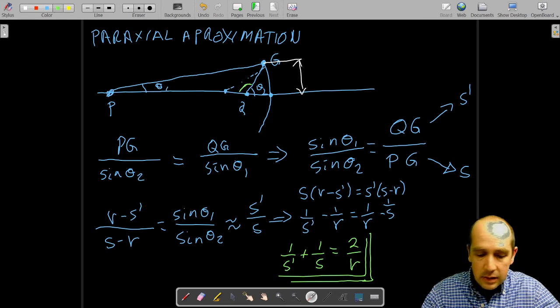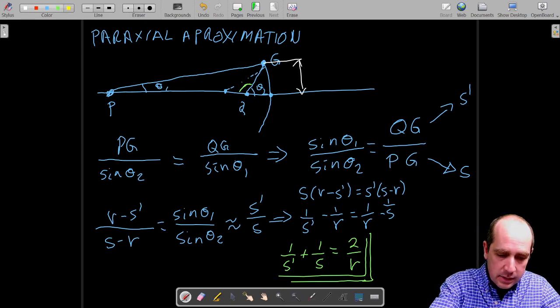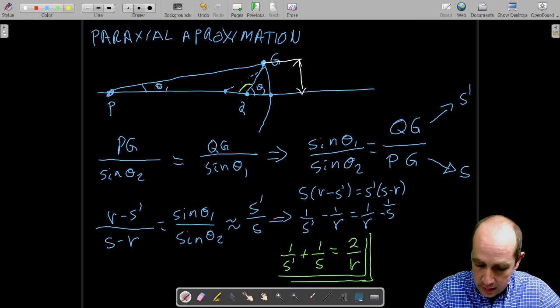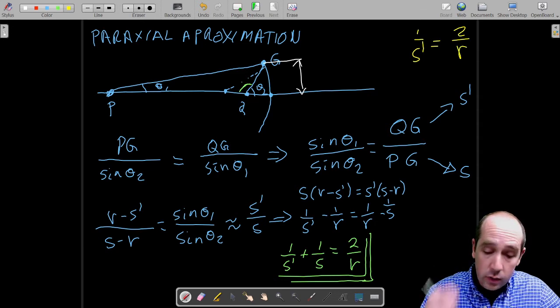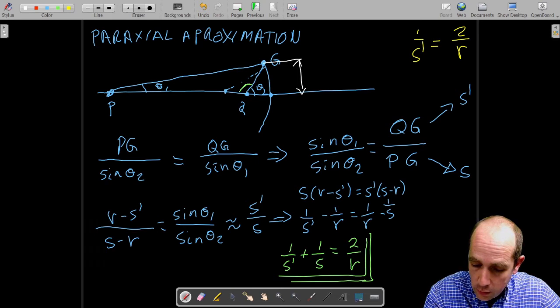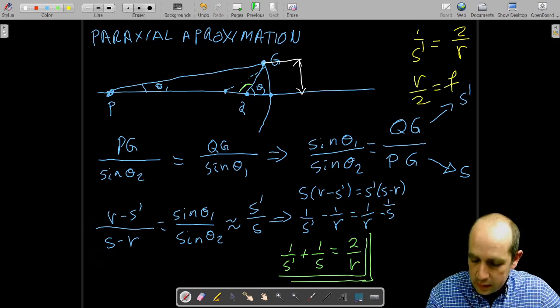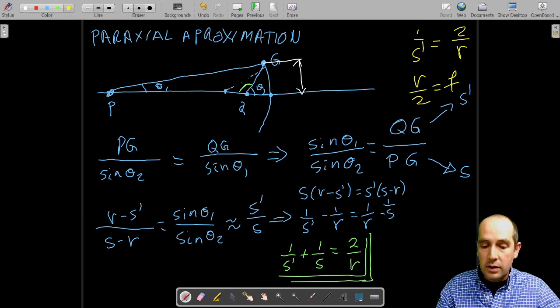In the limit, 1 over S prime is equal to 2 over R. And R over 2 is what we call the focal length. It's the position of the focal point.